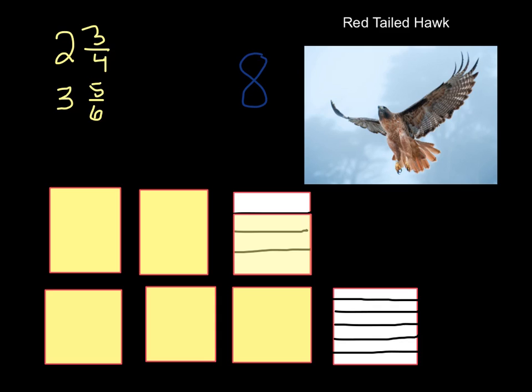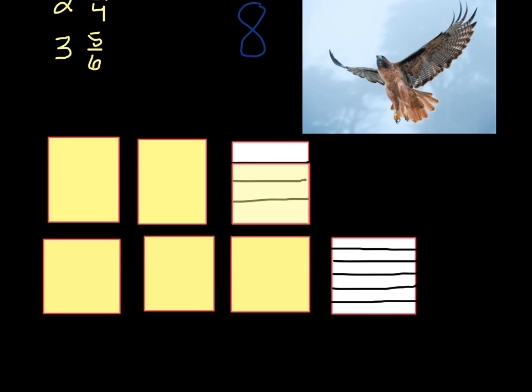Let me just move this up a little bit so I can count here. And I've got 1, 2, 3, 4, 5, 6 parts. So I'm going to color in 5 out of 6. I'm going to just make my box here and color in 5 out of the 6. And there we have it.